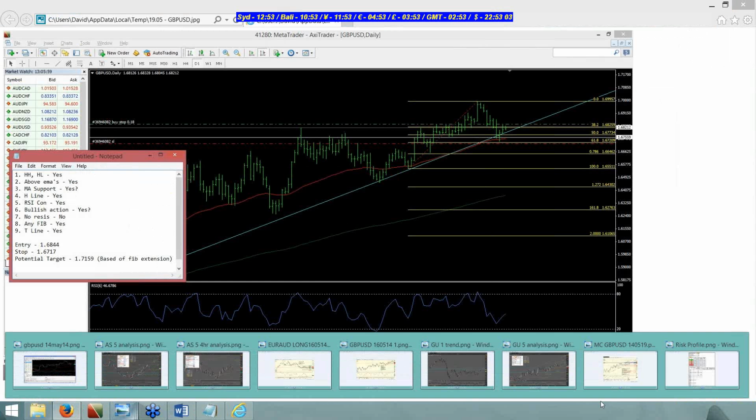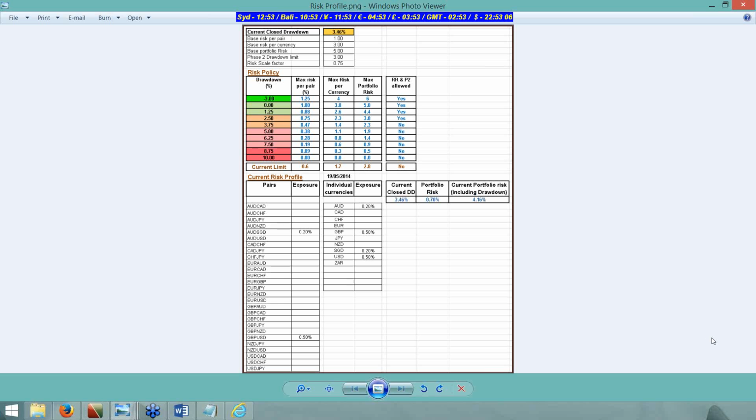Okay, next one is risk profile. I think this is great. Two comments I would make on it. You're going under 5. I understand what you're trying to say: if you do go down 5, then you're going down further into risk, and therefore you should be reducing it. I understand conceptually what you're trying to do, but I would reset at 5.